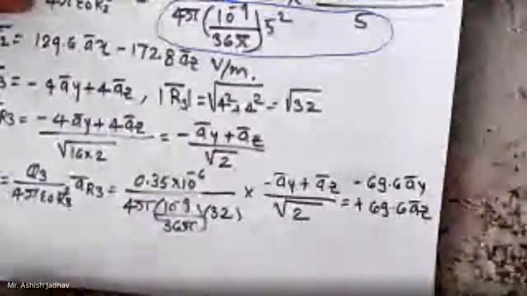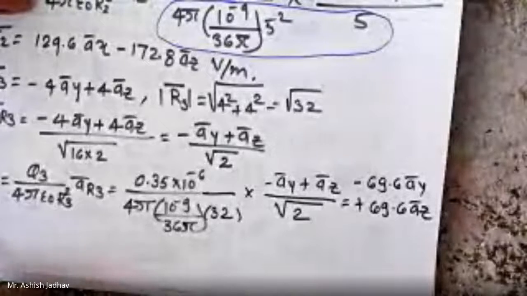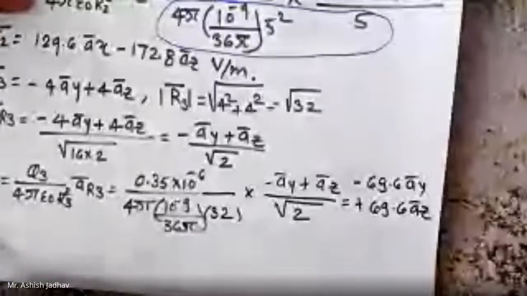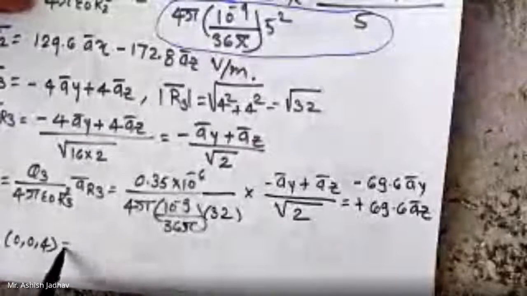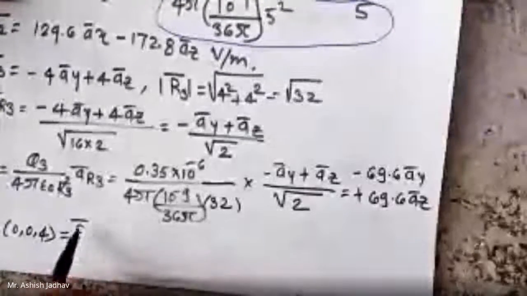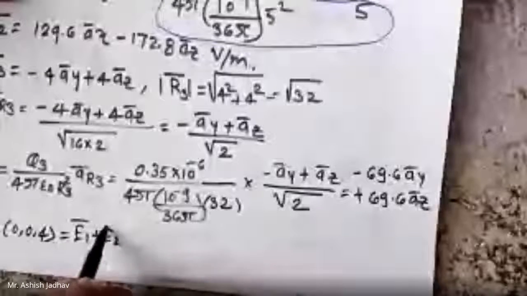So now we want the electric field intensity E bar at 0, 0, 4 at this location. So for that we have to add all those things. So E1 plus E2 plus E3.